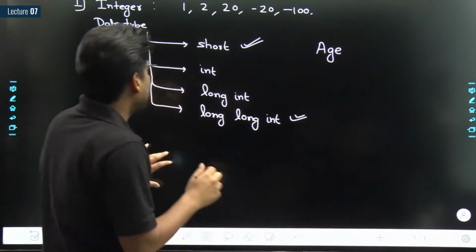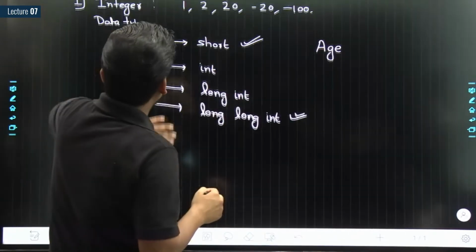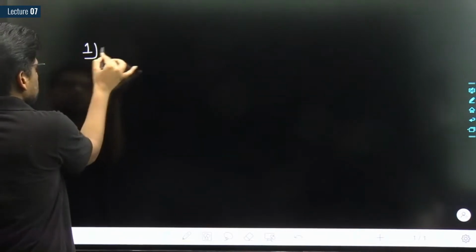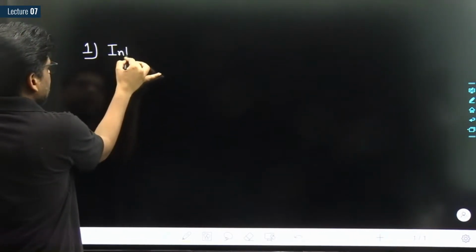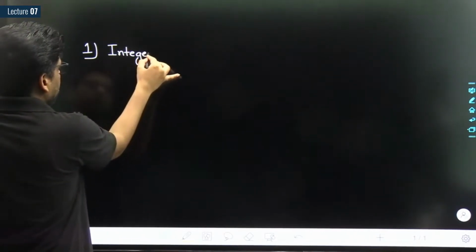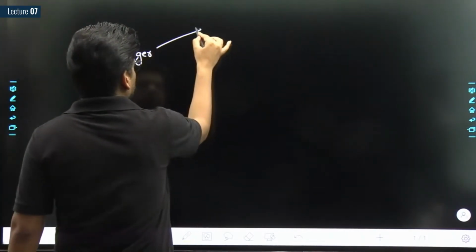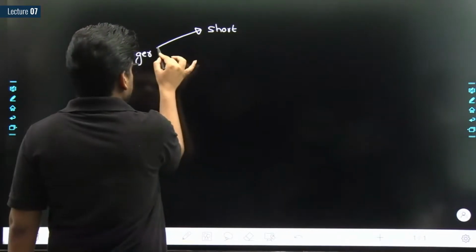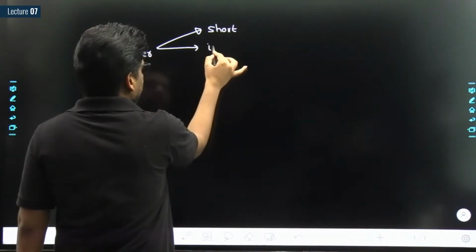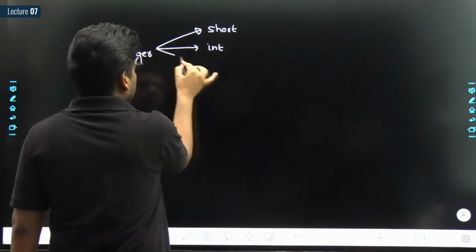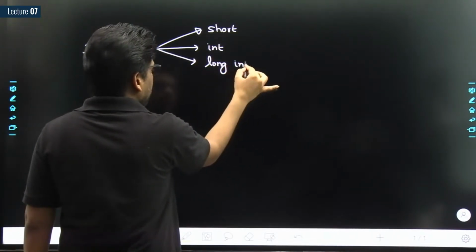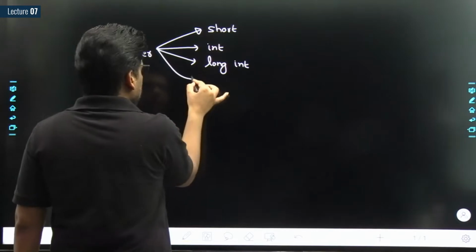So when I talk about integer type, we have short, then int, then long int.